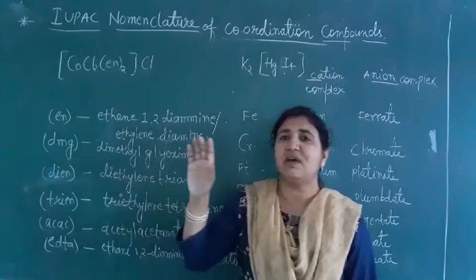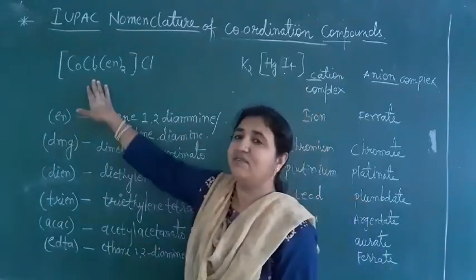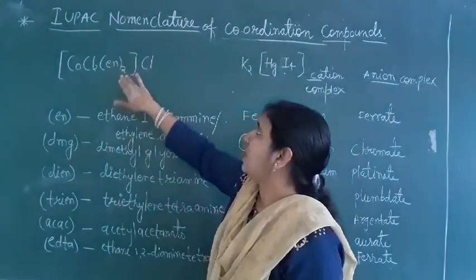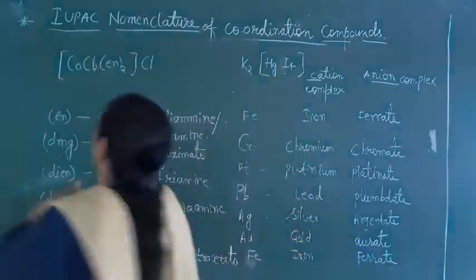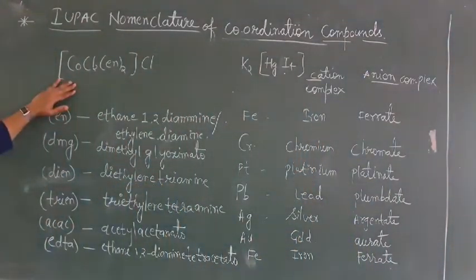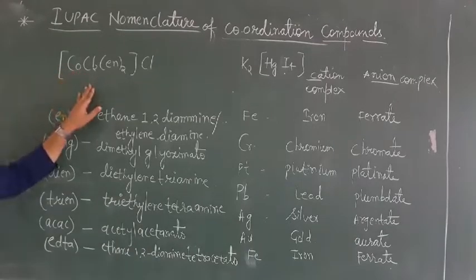Cationic complexes means the compound in which the positive ion is the complex ion. When writing the IUPAC nomenclature for cationic complexes, the metal name remains the same, so it is cobalt only.